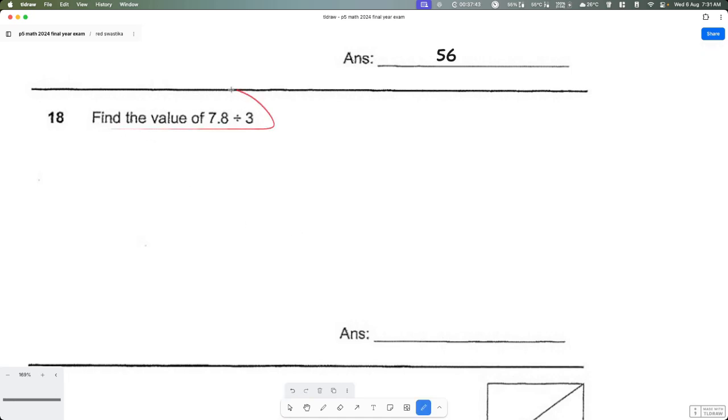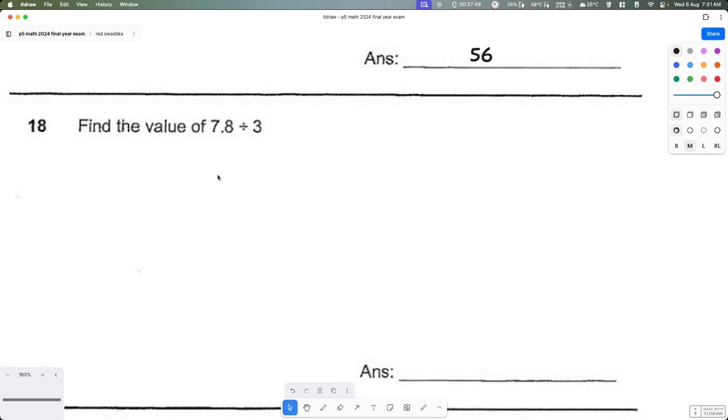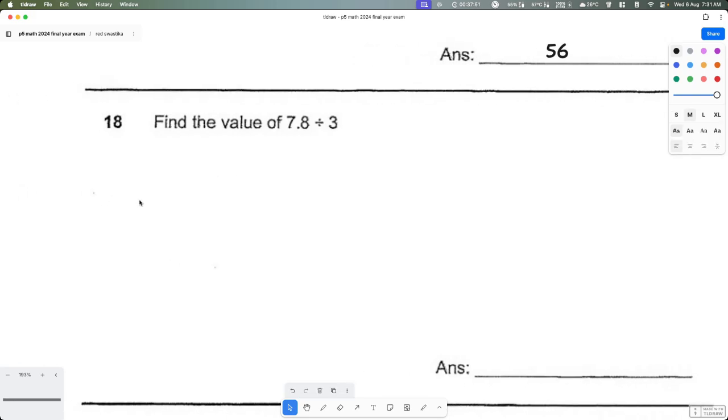Find the value of 7.8 divided by 3. We can do the workings: 7.8, and then we divide it by 3. So for 7, we can minus 6, so 7 minus 6 will give us 1.